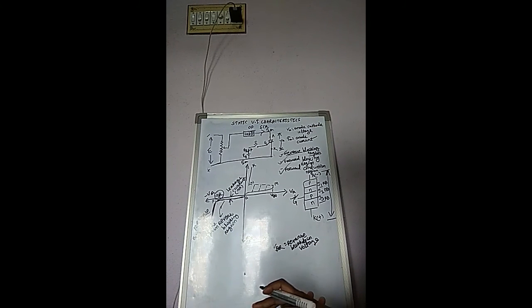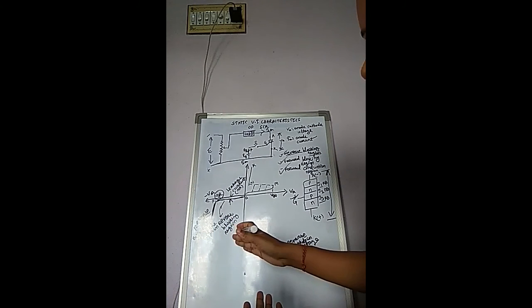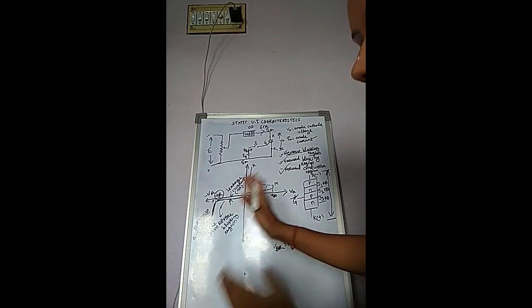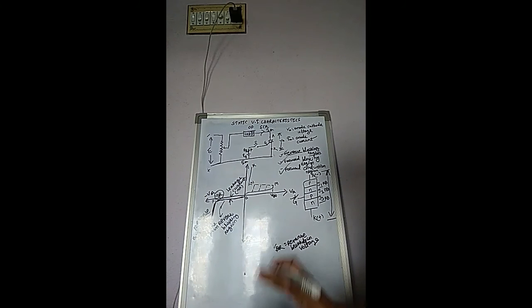Understood? If the reverse voltage applied across the device is below this critical value, below VBR, the reverse breakdown voltage, then the device will behave as a high impedance device.